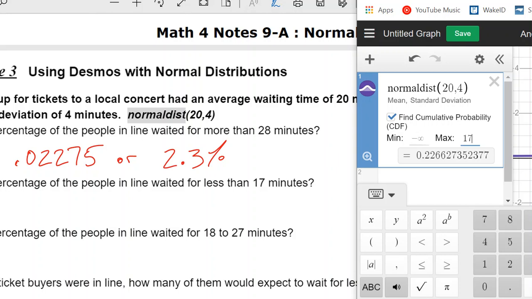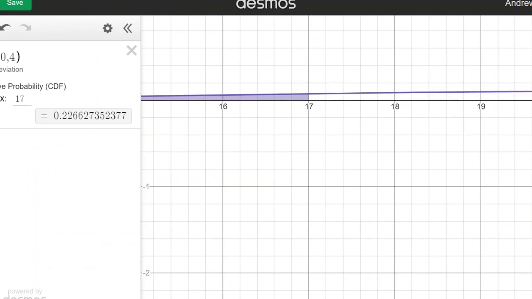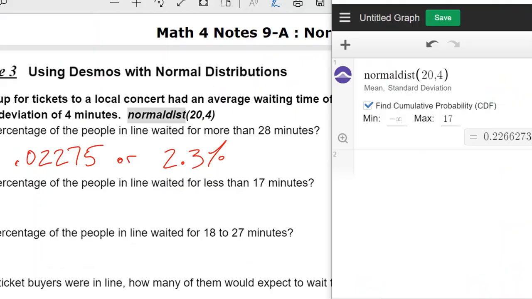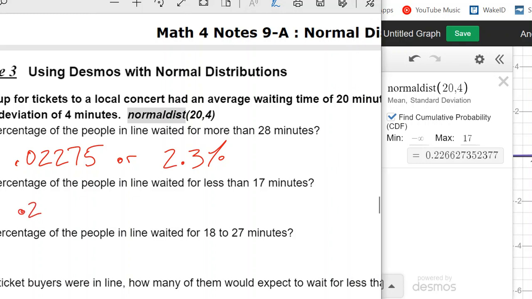Now, I also want you to see what's happening to this graph. Notice how the shading stops at the 17. That's what we asked for. All right, so over here we're going to write 0.2266, and then that 2 afterwards says, all right, that's a good place to cut it off. And that's going to wind up being 22.7%.